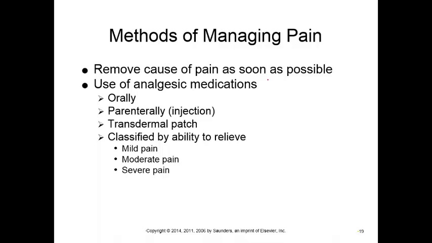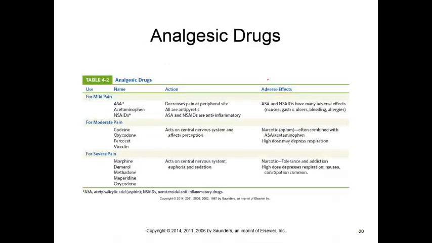The way we organize these analgesics is by their ability to relieve pain. So we have mild pain relievers, moderate pain relievers, and severe pain relievers. Some of the mild pain relievers are acetylsalicylic acid, which is basically aspirin, and acetaminophen, Tylenol, and then NSAIDs such as ibuprofen.